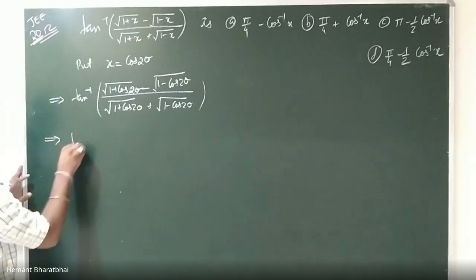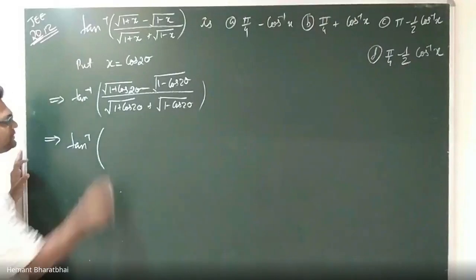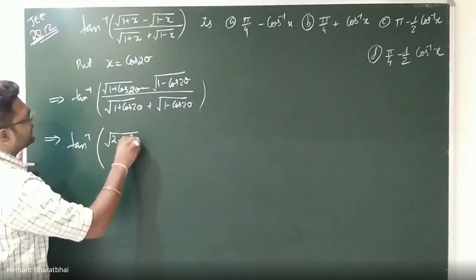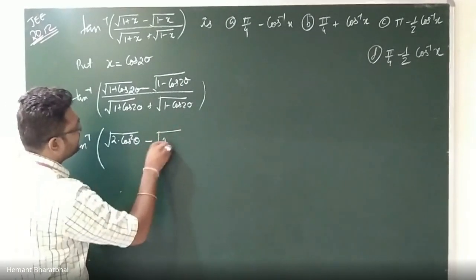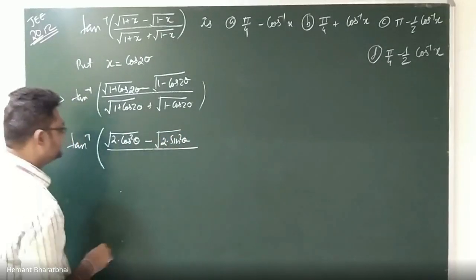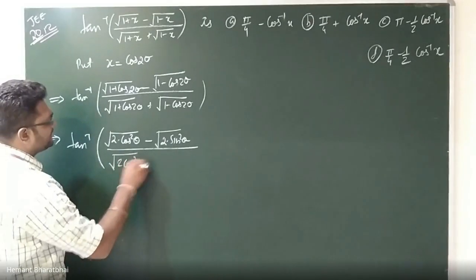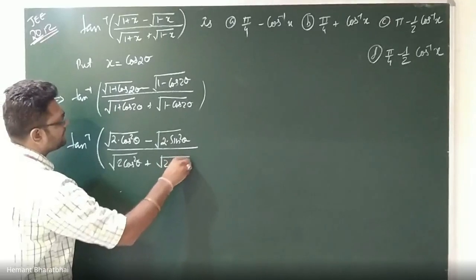Now 1 plus cos 2 theta is 2 times cos square theta. Similarly, 1 minus cos 2 theta will be 2 times sin square theta. Similarly, in the denominator, 2 times cos square theta plus 2 times sin square theta.